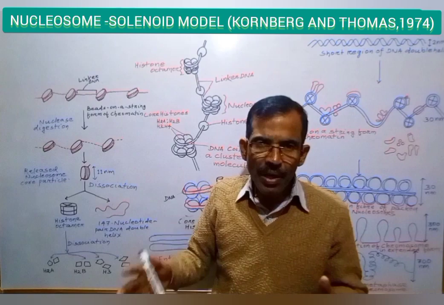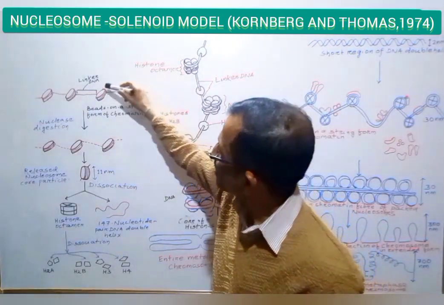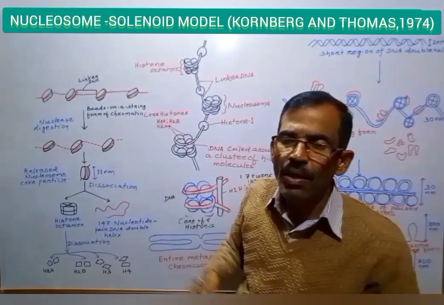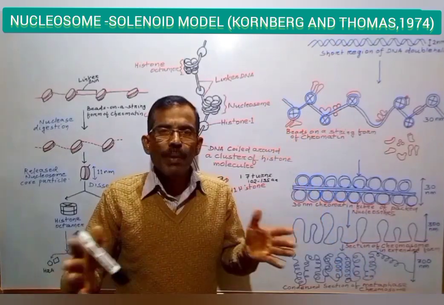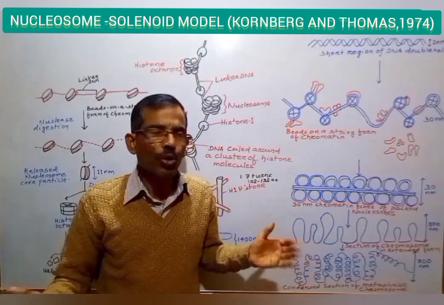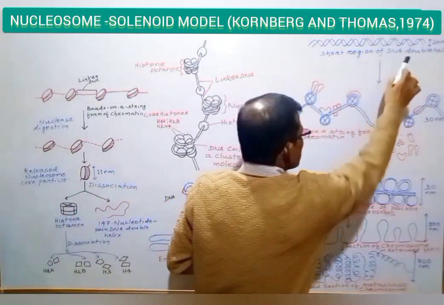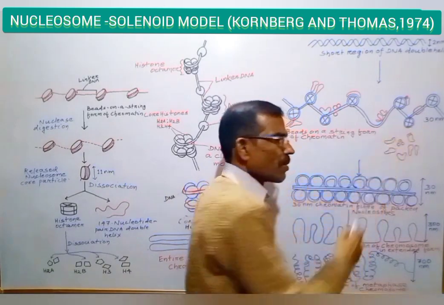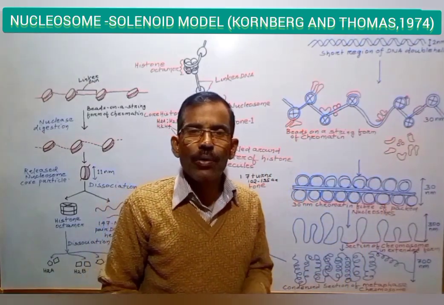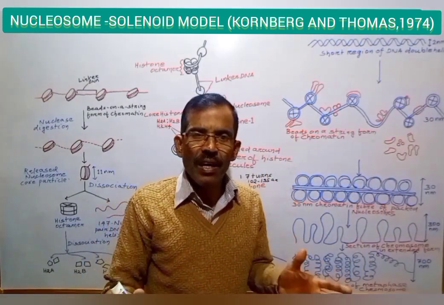So, on average, nucleosomes are repeated at an interval of 200 nucleotide pairs. It is by the formation of nucleosomes that a double-stranded DNA molecule is converted into a chromatin fiber which is about 1/3 of its initial length.